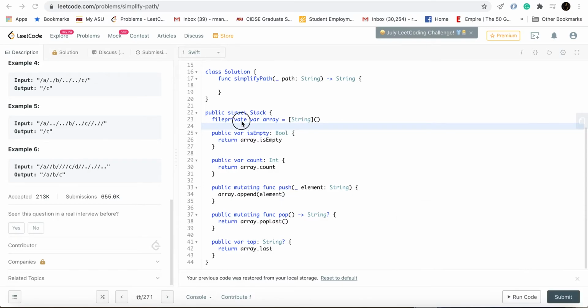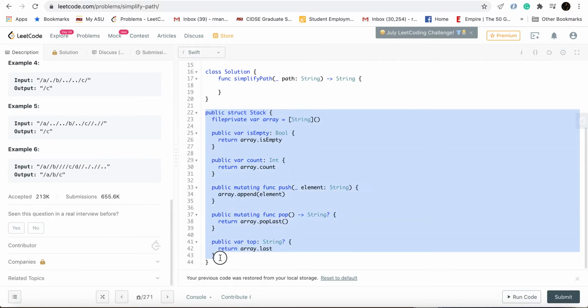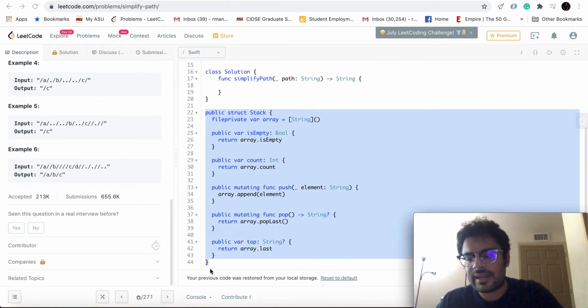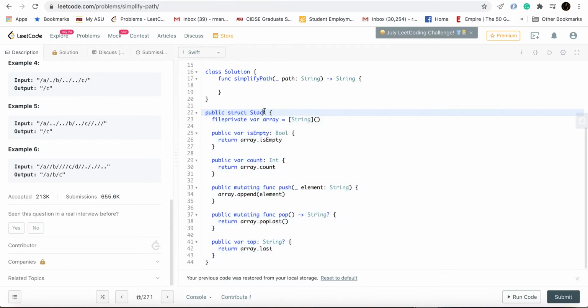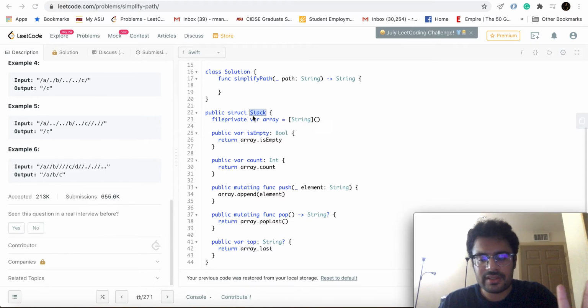So I've created this, which is not something that I had from LeetCode. I've written this code from early on so that I can directly use it and I don't waste time typing out the stack. But this is basically a simple stack struct. If you're unfamiliar with struct, think of this as a class. This is a simple stack of strings. This is just the data structure for the stack.